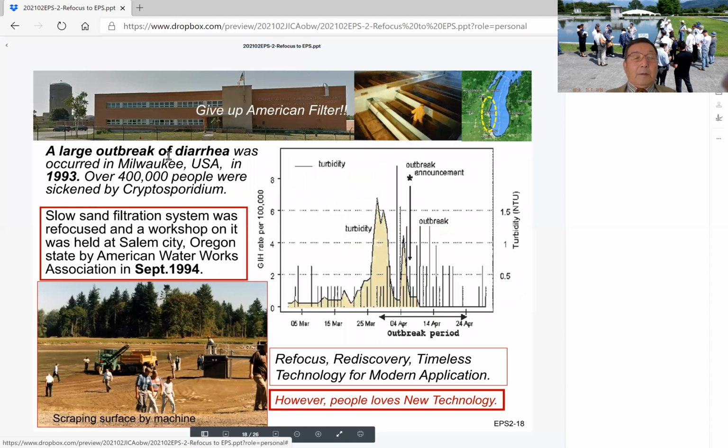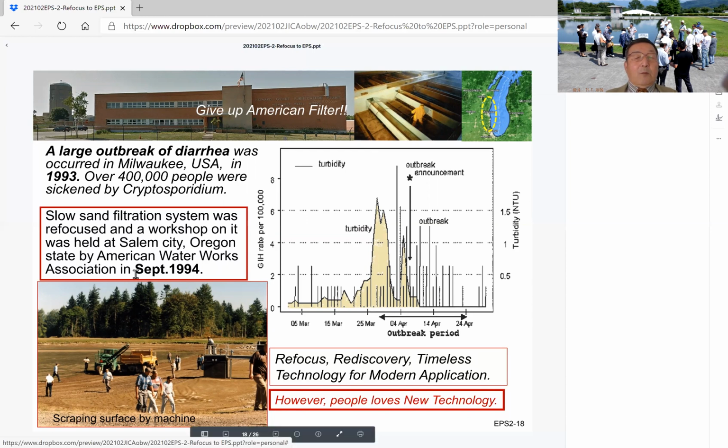And the following year, a large outbreak of diarrhea occurred in Milwaukee, United States in 1993. Over 400,000 people were sickened by Cryptosporidium.